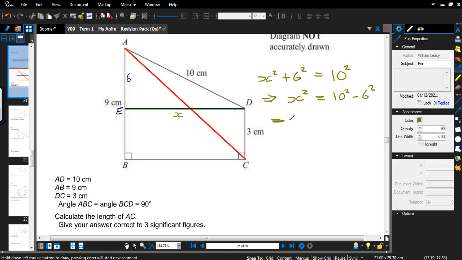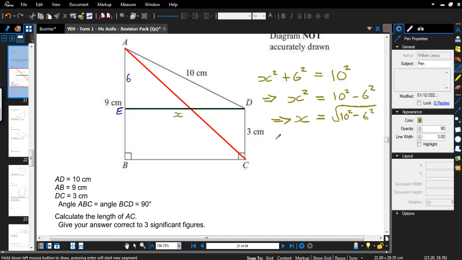Now do not just stick a root in there. If you put a root in there, you have to cancel the square. So instead, just write another line: X equals square root of 10 squared minus 6 squared.